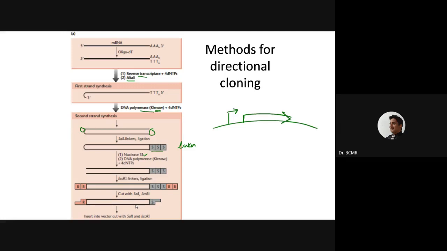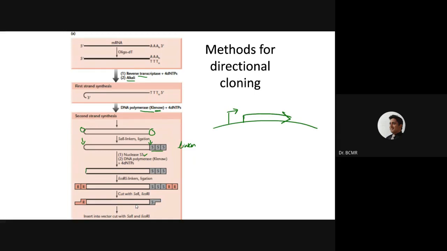Why did they add them prior to S1? Because now the only place where SalI can actually ligate would be on this side here. It cannot ligate on this side because it is continuous. There is no substrate for a ligase to act upon. And then after that, they treat it with S1 nuclease.